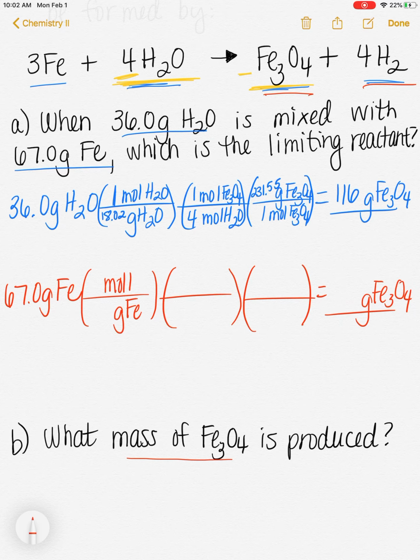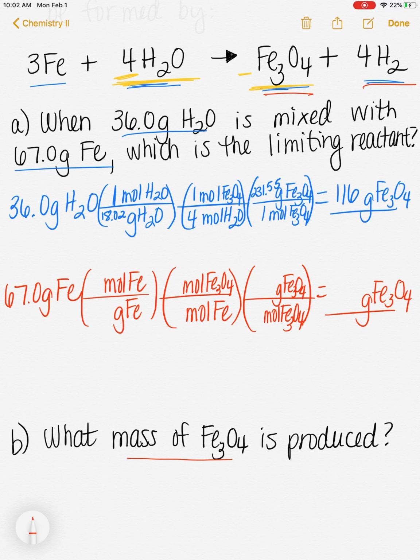I'm going to put moles of iron on top. I don't want moles of iron though, so I'm going to put that on the bottom, and I can change from moles of iron to moles of Fe3O4. Again, I don't want moles of Fe3O4 as my unit though. I want grams of Fe3O4. So I'm going to put grams on top of my last factor.